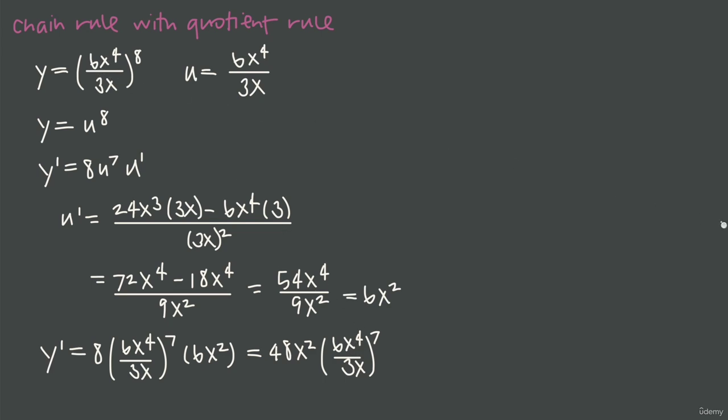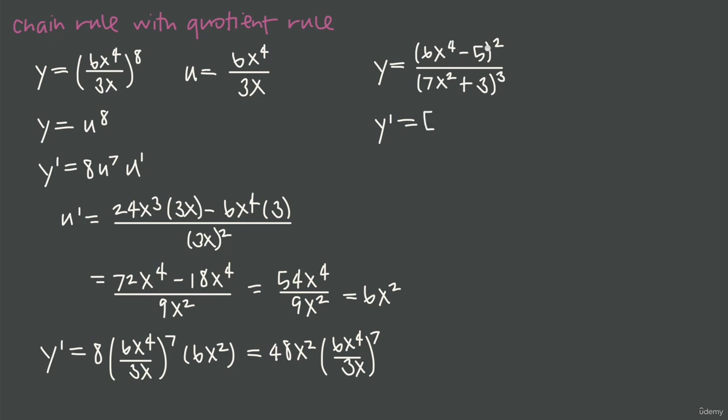If we look at a second example here, again, chain rule with quotient rule, we can go ahead and apply quotient rule first. So remember that when we apply quotient rule, we take the derivative of the numerator. So instead of dealing with that right now, let's just work through our quotient rule application.